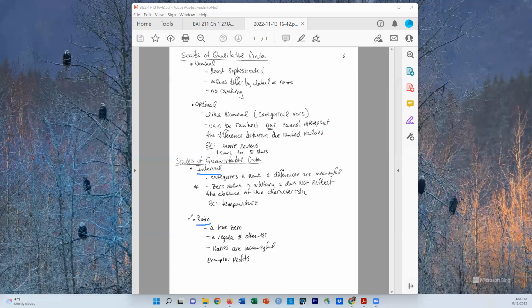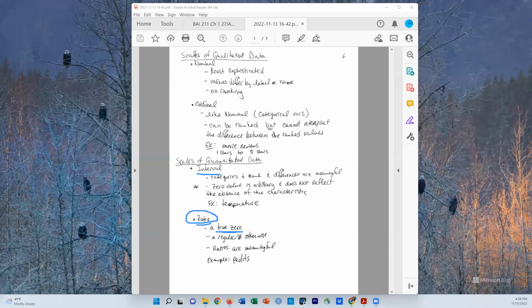By and large, most of your data is going to be in the ratio scale when it's numeric or quantitative. And for that, you need to have a true 0. In other words, whenever you say 0, it really means 0. So if you're talking about income, it means no income, right? If you're talking about height, no height.